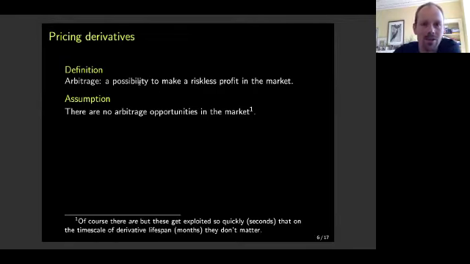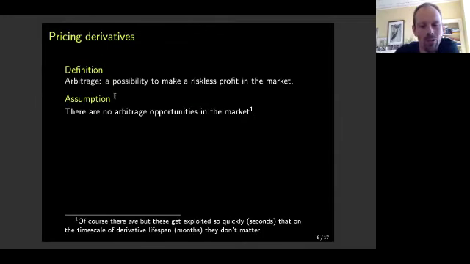That's also an arbitrage, but not as strong as saying I make a profit every time I do this trade or sequence of trades, because typically you need to do a bunch of things, for example, buy something on one exchange and sell it on another exchange. And all derivatives pricing is done with this crazy sounding assumption that there are no arbitrage opportunities in the market.